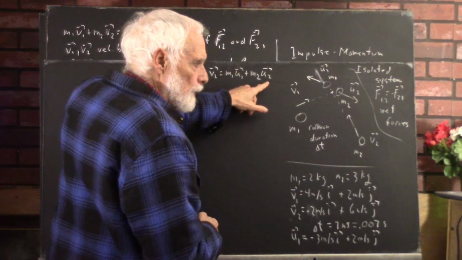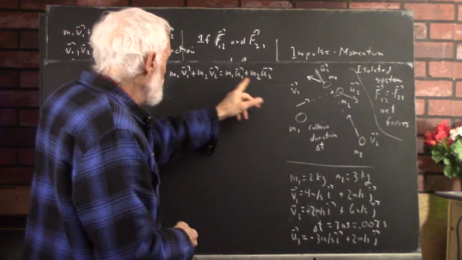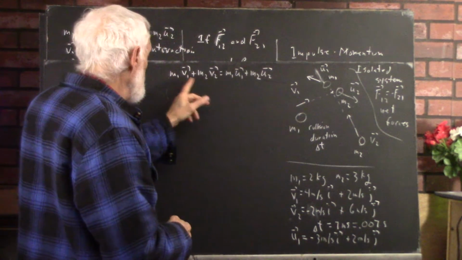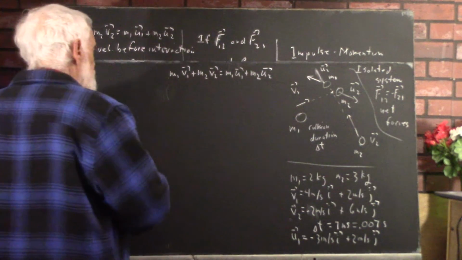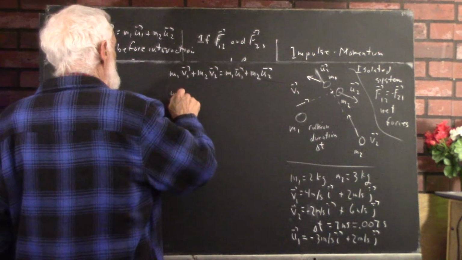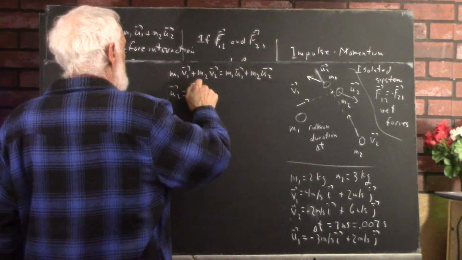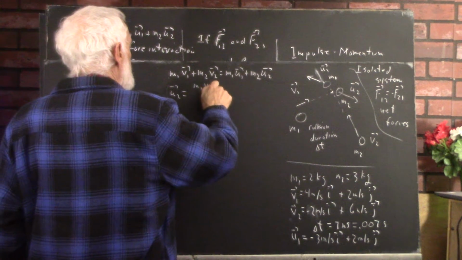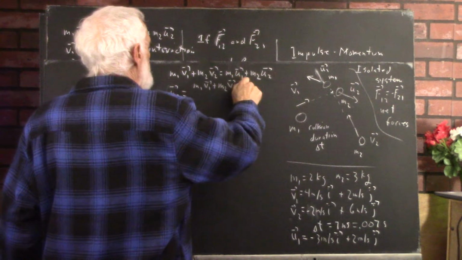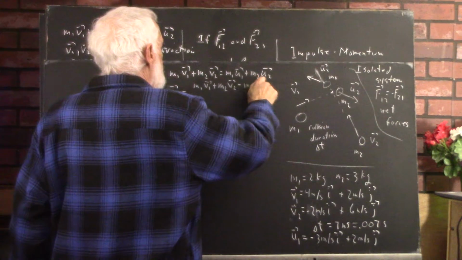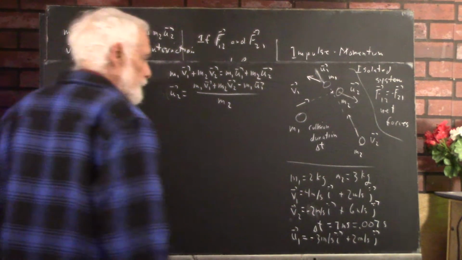The only thing we don't know is u2. We know m1, we know m2, we know v1, we know v2, and we know u1. So u2 is going to equal m1 v1 plus m2 v2 minus m1 u1, all divided by m2.